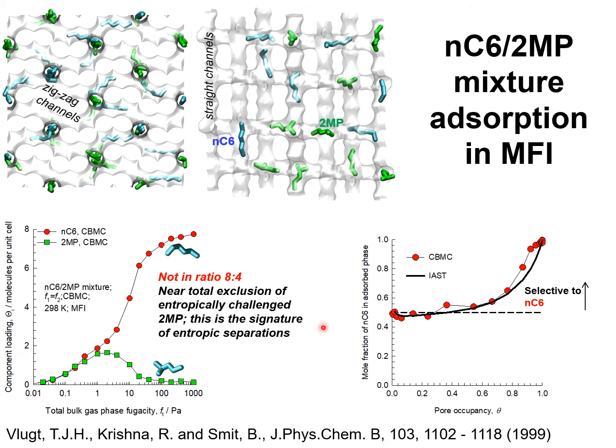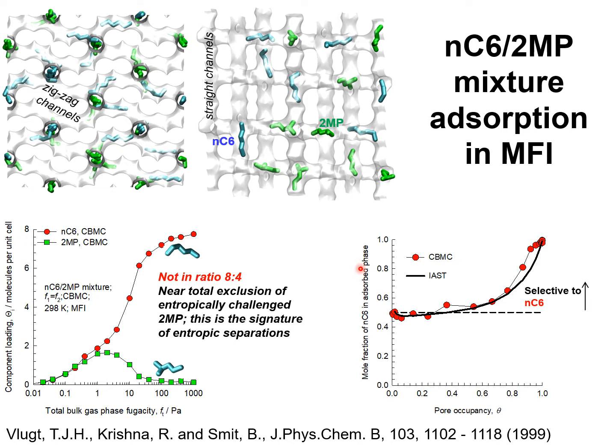This is going to be a recurring theme in all the separations we're going to discuss in this presentation. Entropic effects are in play at high occupancies, and the entropically challenged component gets increasingly excluded from the pore space.